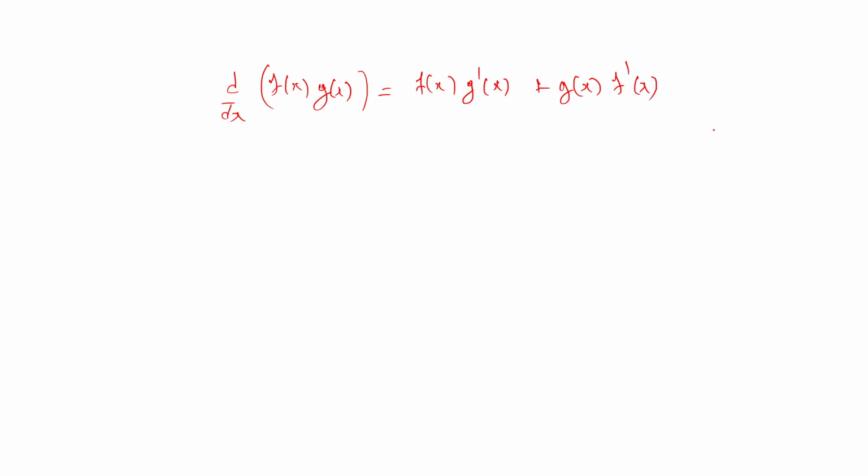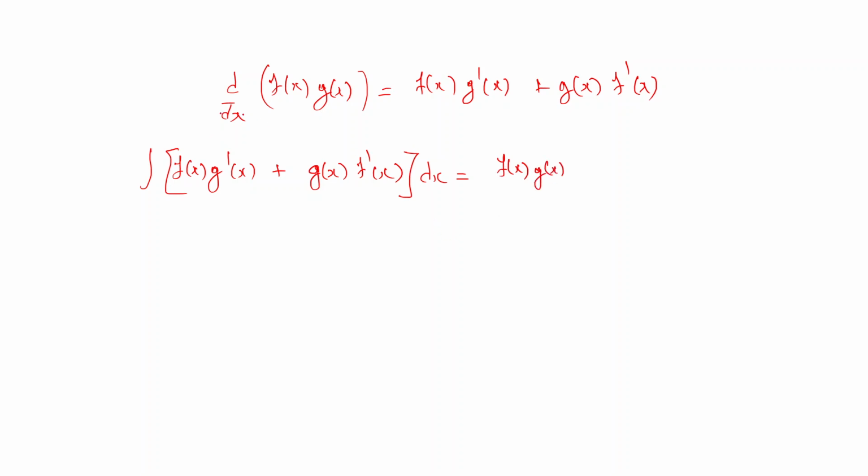So if you integrate this one, you should get this one, because this is the antiderivative. Integrating all of this with respect to x, you should get f of x into g of x.